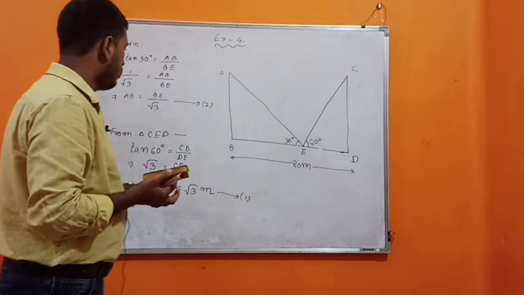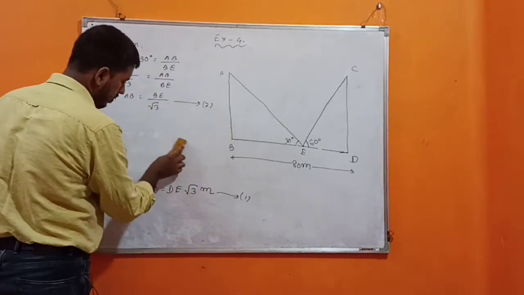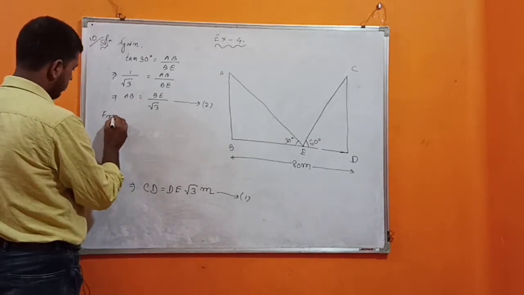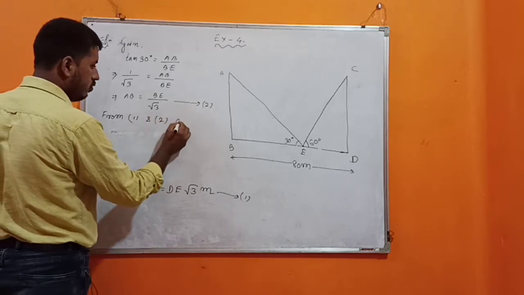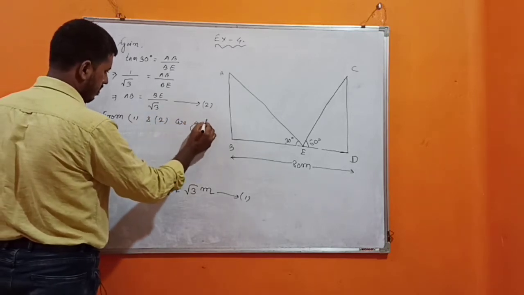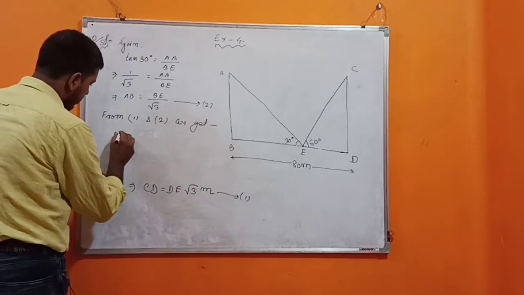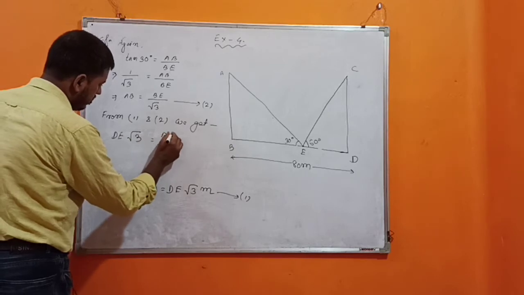So from 1 and 2 we get DE root 3 equals BE by root 3.